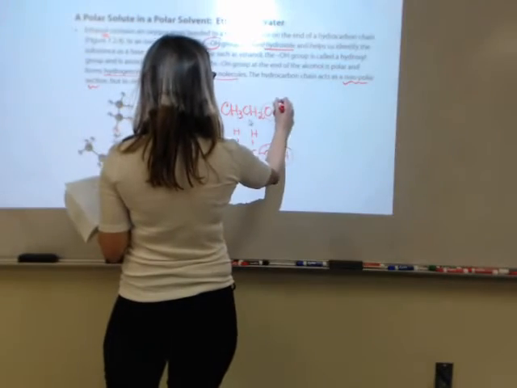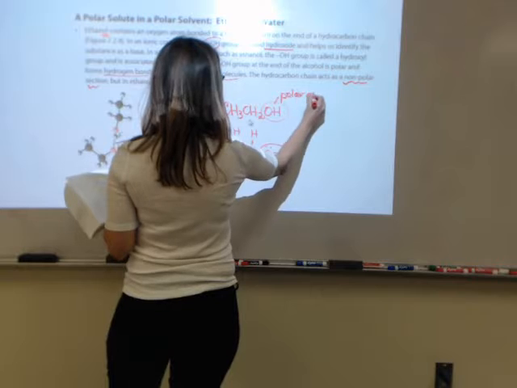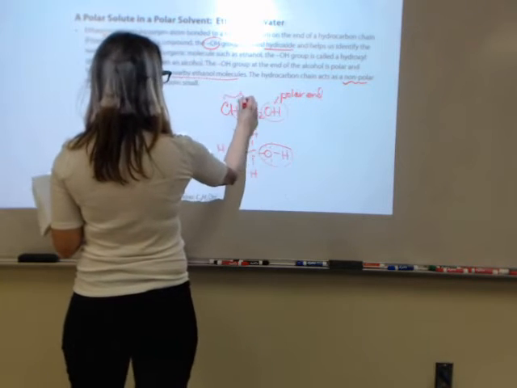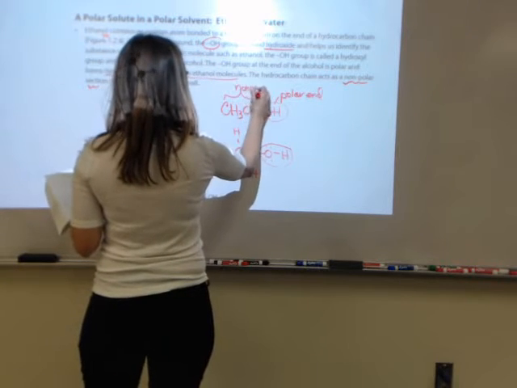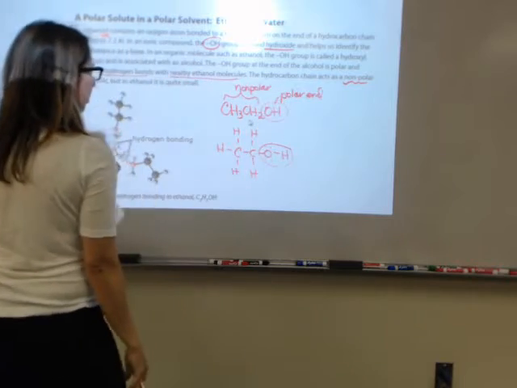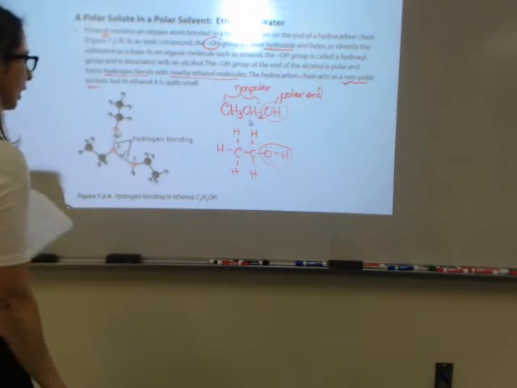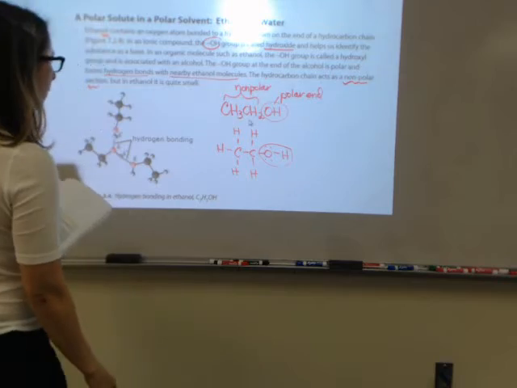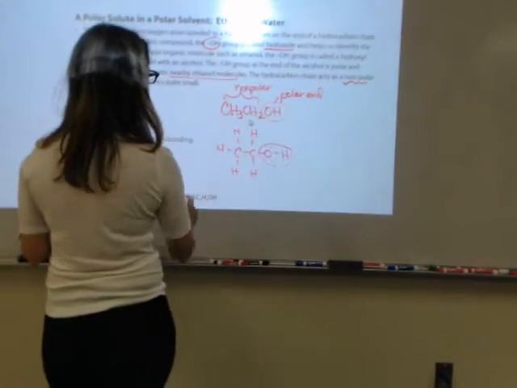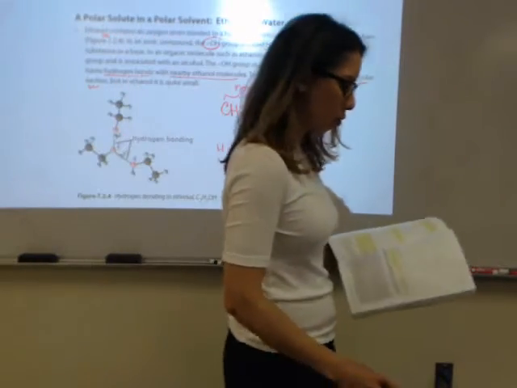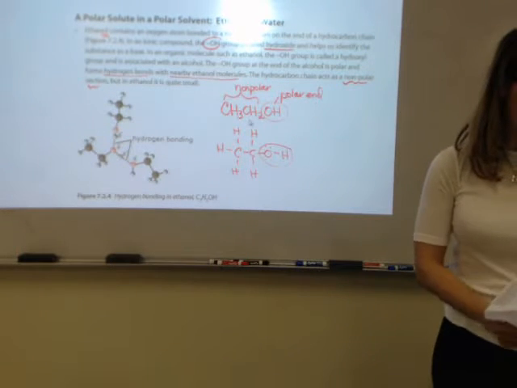And this is its polar end. And then it has this nonpolar region of carbon and hydrogens. They call this a hydrocarbon chain. And in this case, the hydrocarbon chain in ethanol is quite small, okay?